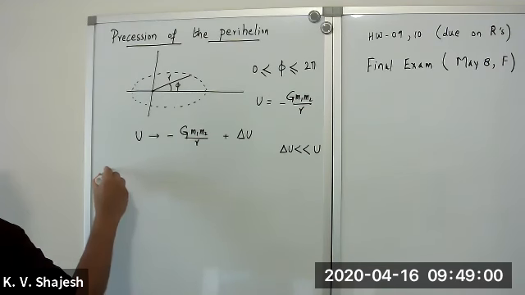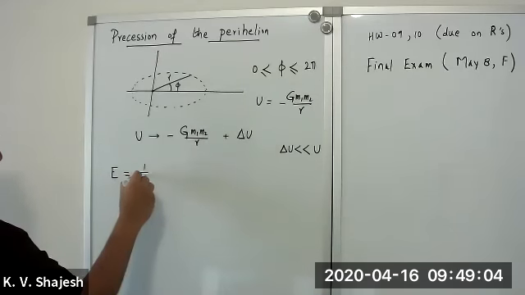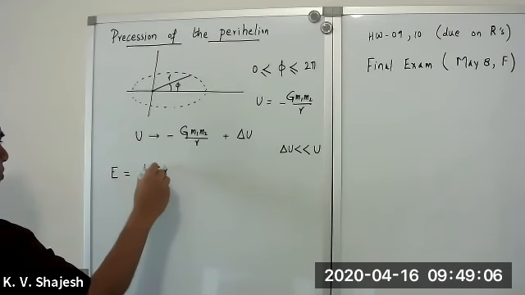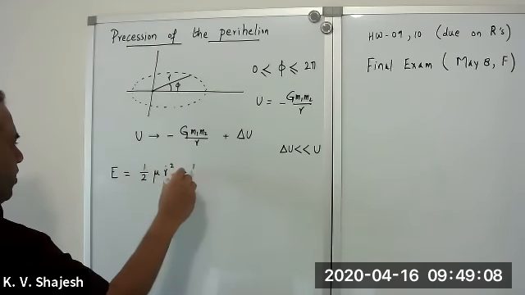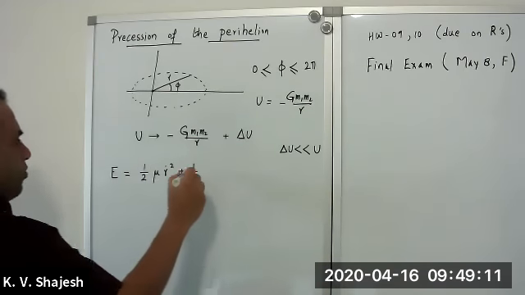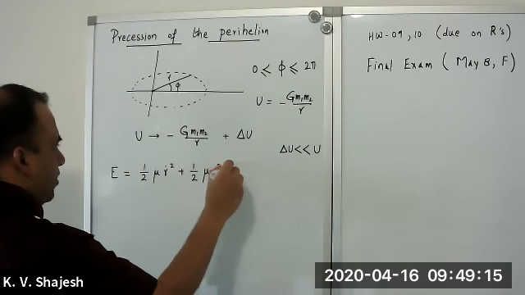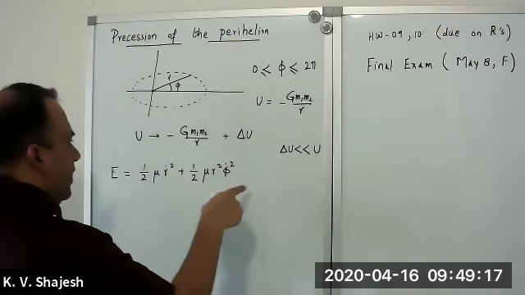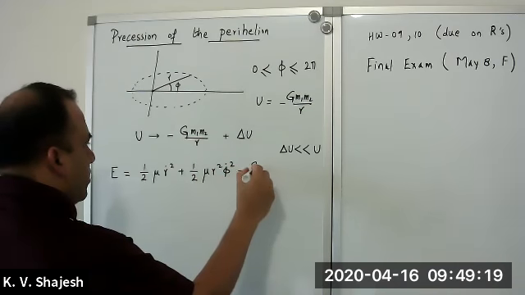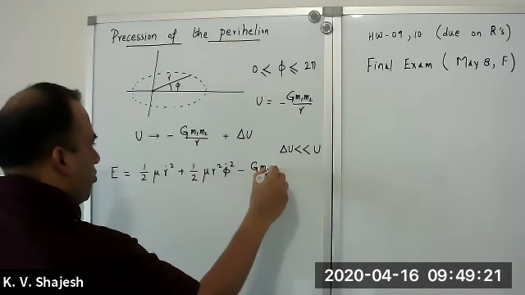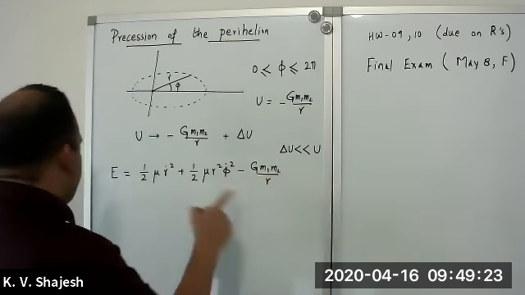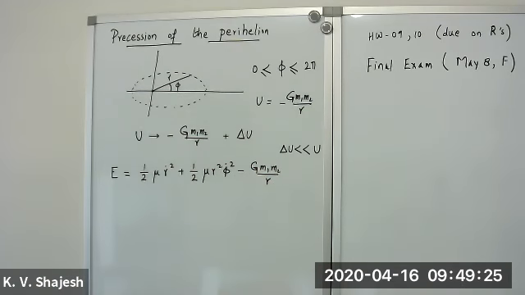So energy was conserved, right? That's half mu r dot squared plus half mu r squared phi dot squared, and that is minus G m1 m2 over r, right? That's your energy to begin with.